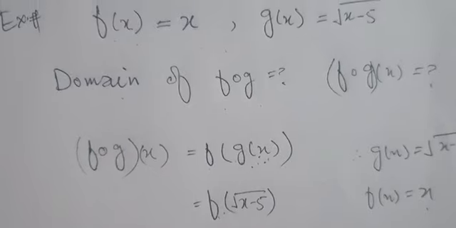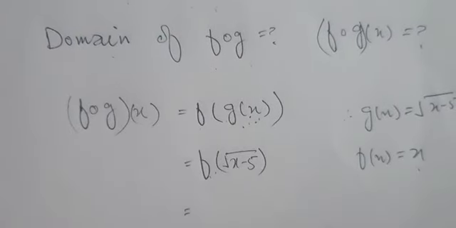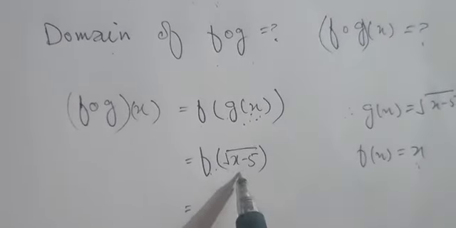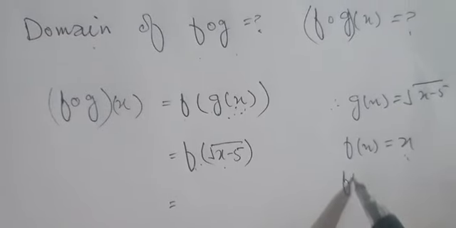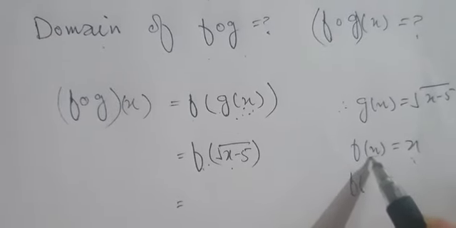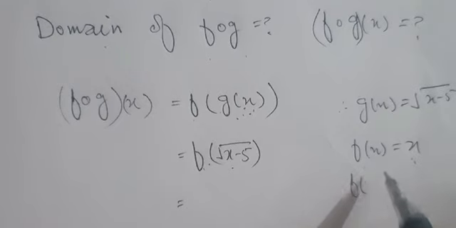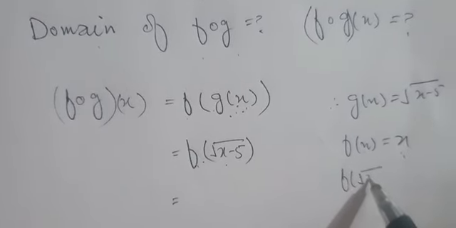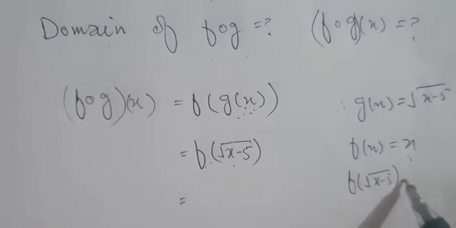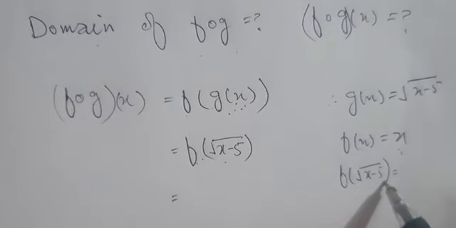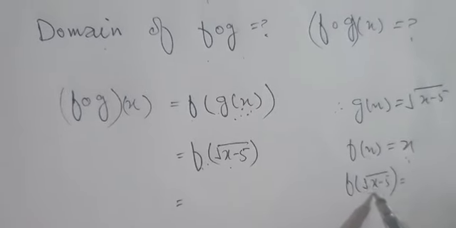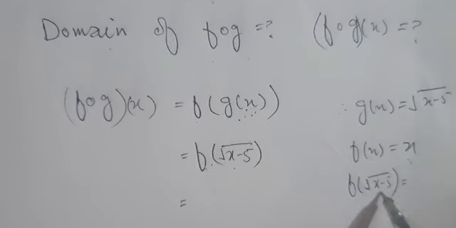Now what we need to do is replace x by g of x, because we need to find not for x, but this time for this function. And what would be this function? Now the input argument is the whole function g of x.